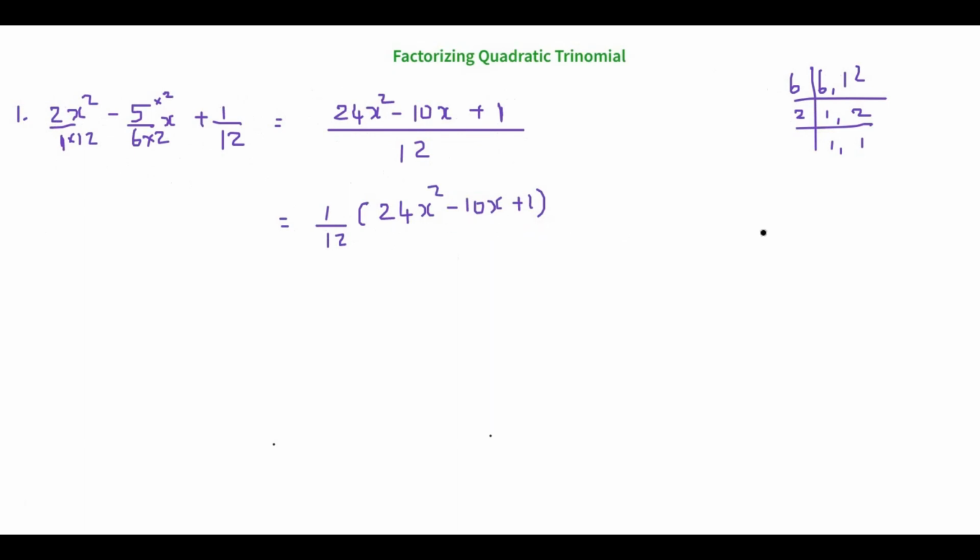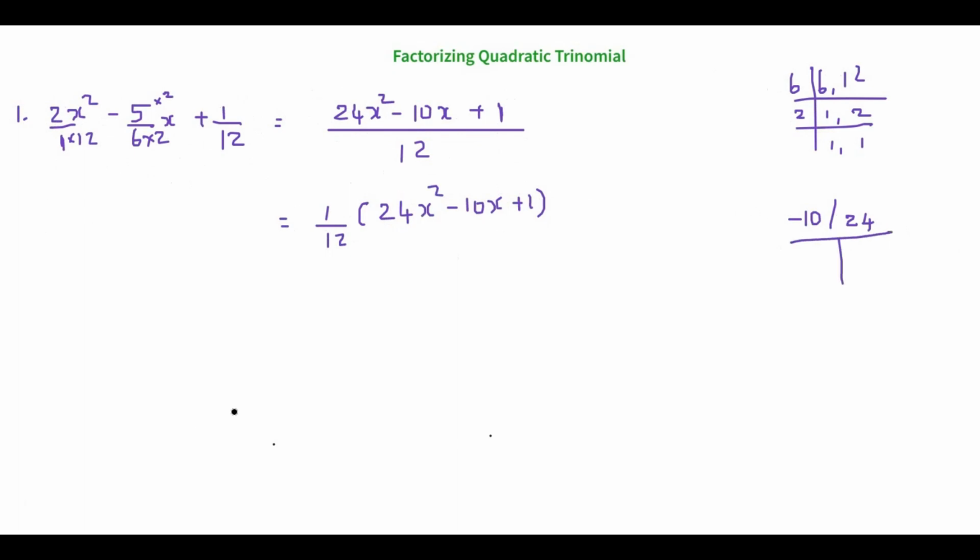Now we are going to split the center term, that is the middle term. We need minus 10 when we add or subtract 2 numbers, and we need 24 when we multiply, because 1 times 24 is 24. You should not leave the first term. We have to multiply the x square term with 1 and we get 24. Since plus times plus is plus, it is positive 24.